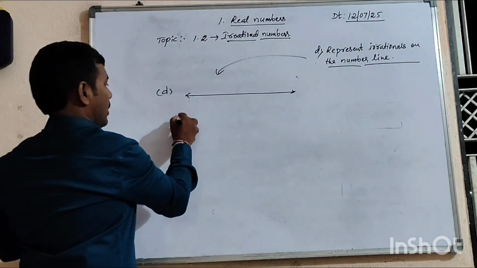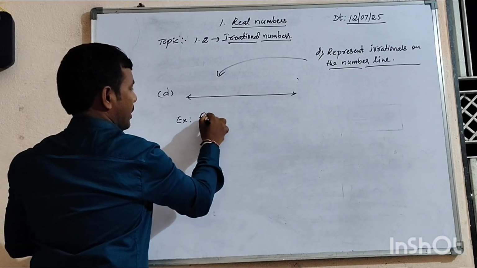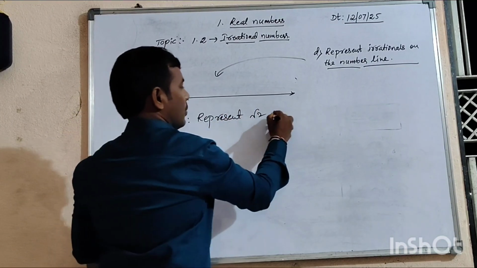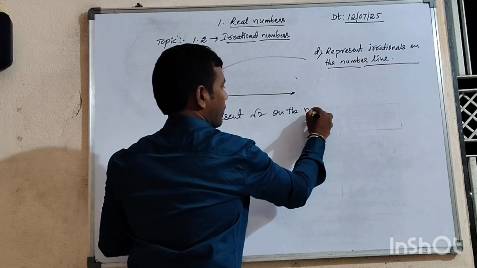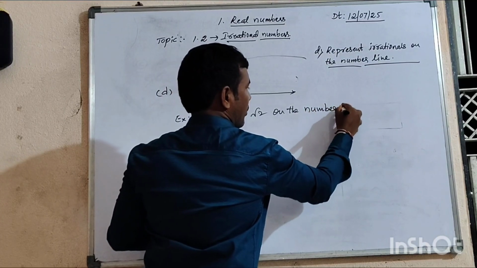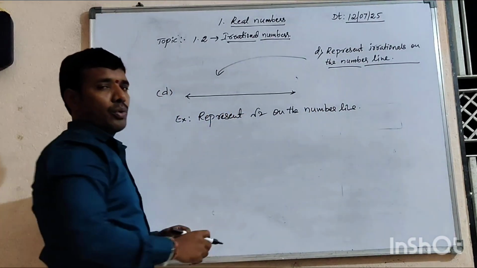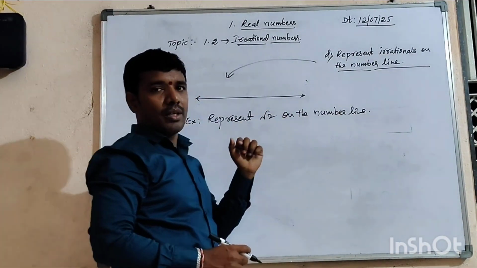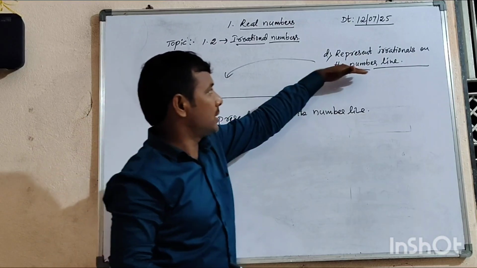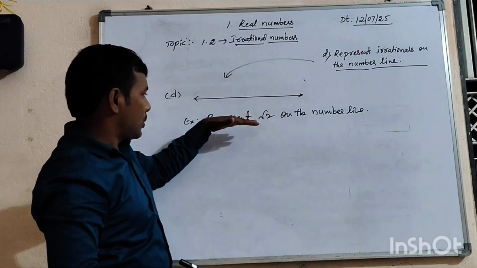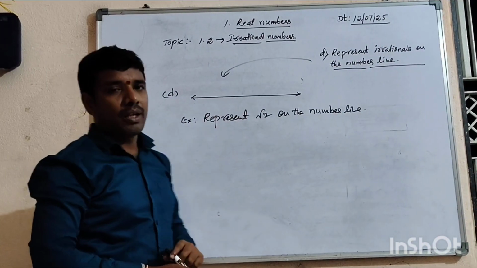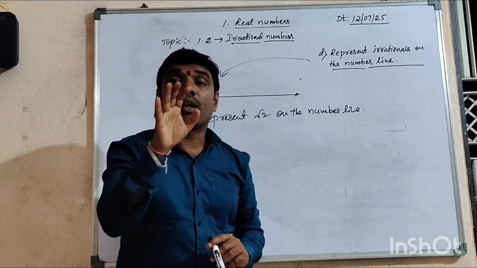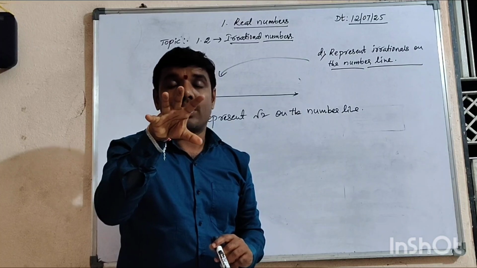For example, represent root 2 on the number line. See, square root of 2 is an irrational number only. But the question says to represent it on the number line. Through this heading, or this question, we conclude that the number line is not filled with complete rationals.